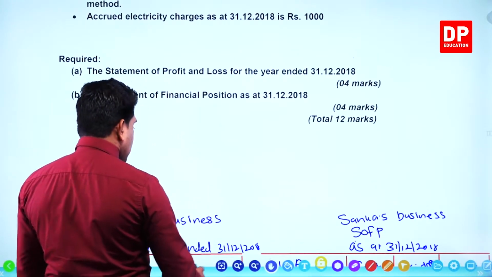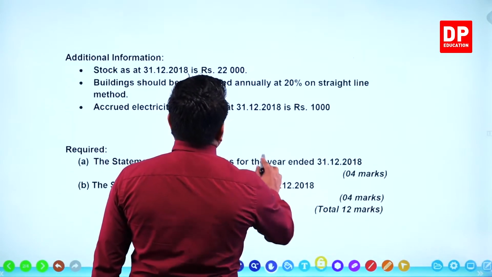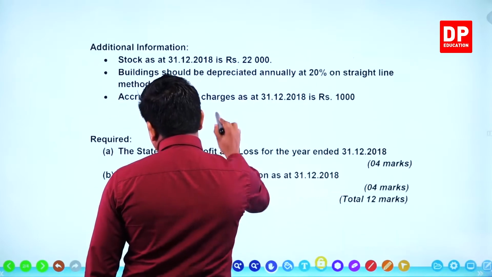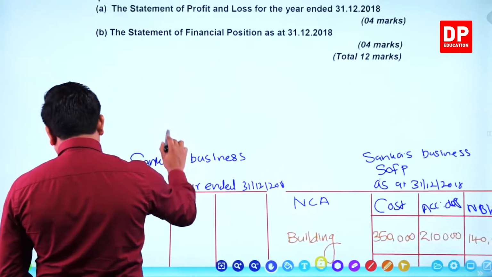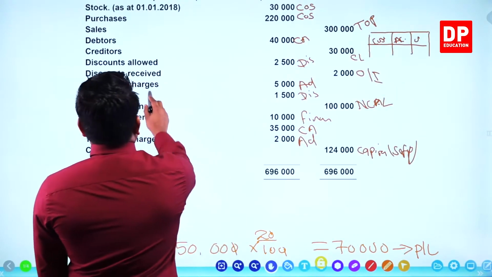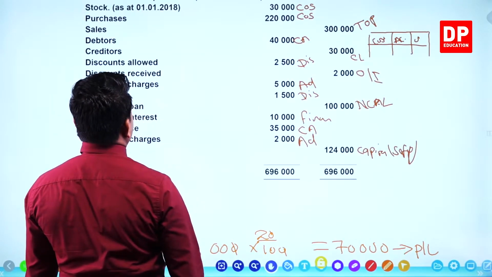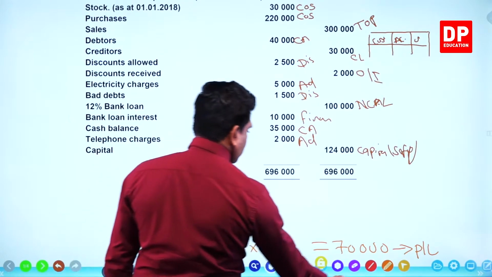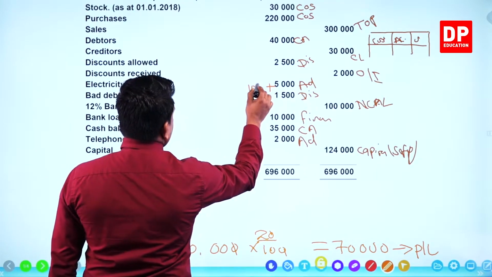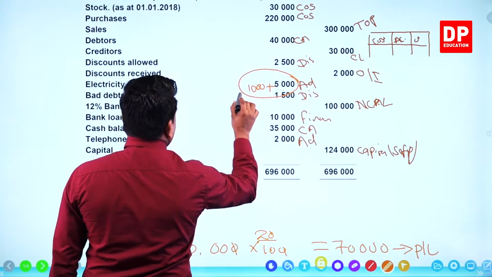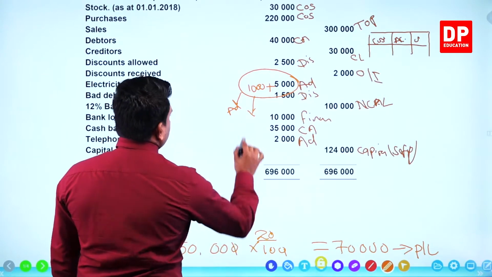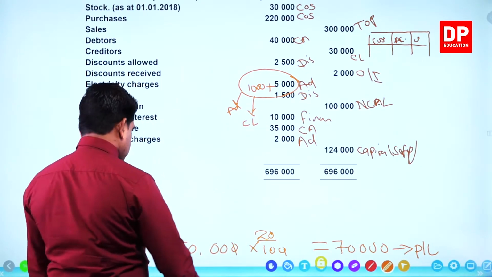You have to get the total and write it in the profit and loss statement. Then you see how much electricity is given in the question. Electricity charges 5,000. No? Check it again. Is it 5,000 or not? Yeah, 5,000, right? 5,000 plus that amount, 1,000, is 6,000. Where do you write this? Administration, electricity, 6,000. But this 1,000 you write under current liability, right?